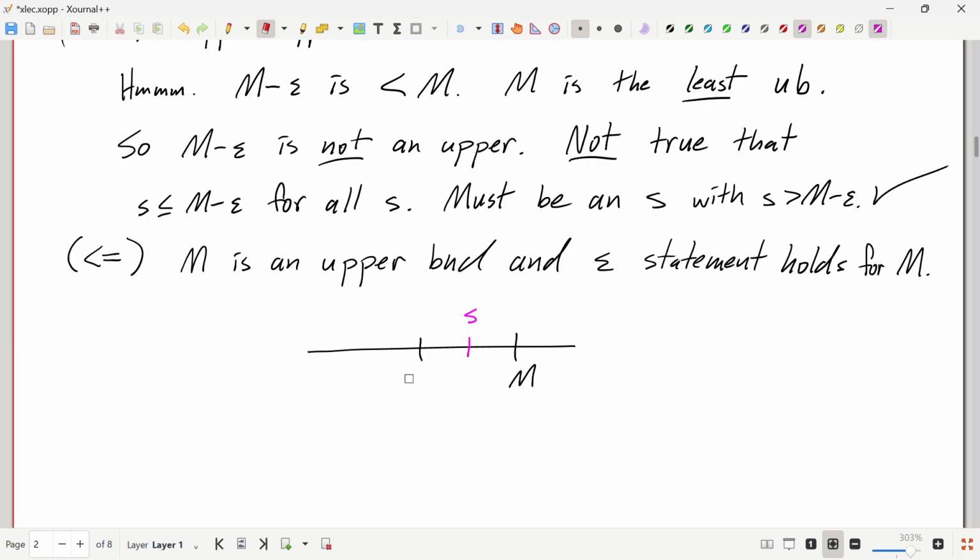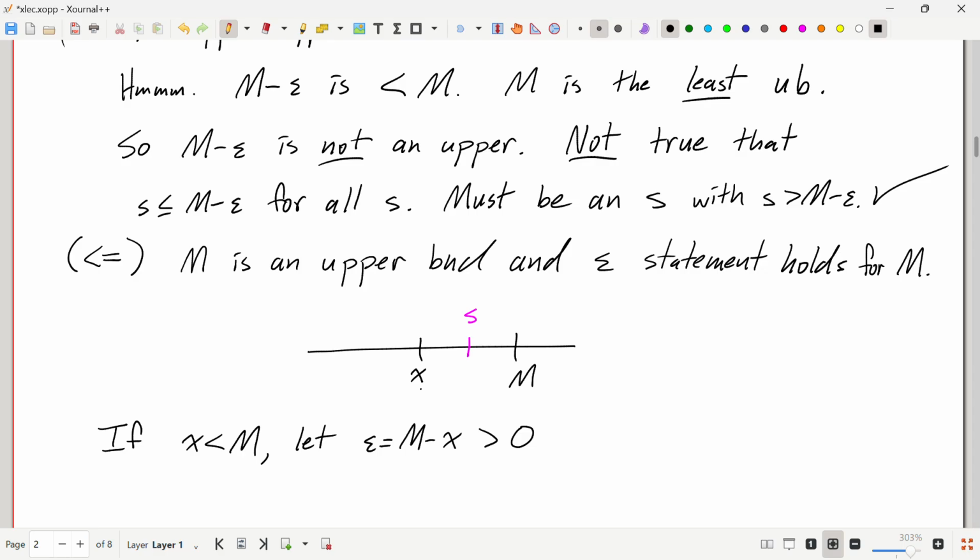Let's suppose that x is less than M, that's going to be my x right there. I'm going to let epsilon be equal to M minus x. That's, of course, bigger than 0. And then this x would be equal to M minus epsilon.